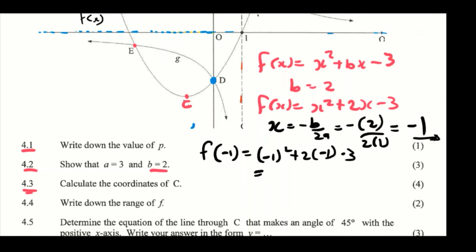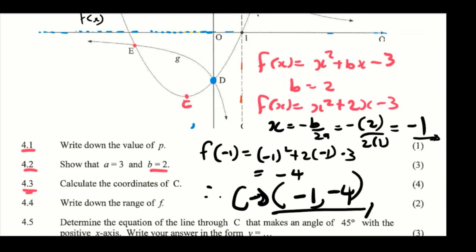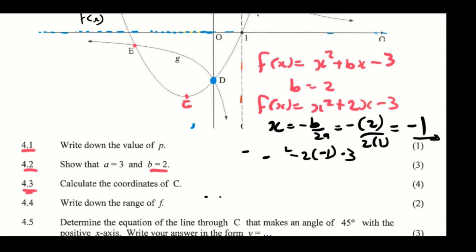It will give us minus 4, right? So my C, which is my turning point, is going to have coordinates of minus 1 and minus 4. Now we're done with the coordinates of C.